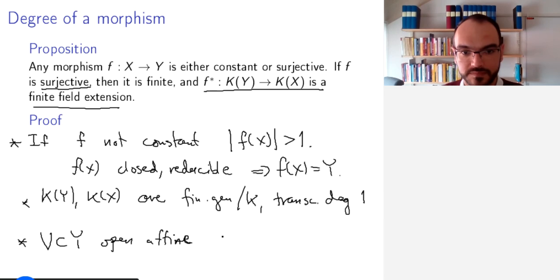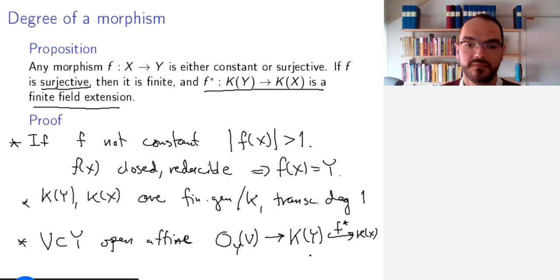Then the algebra O_Y(V), say, sits inside the field, and so this injects via f star into k(X).